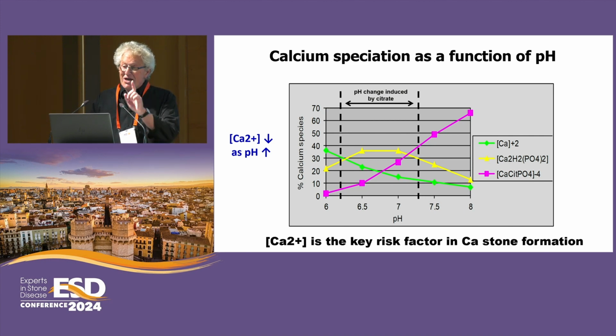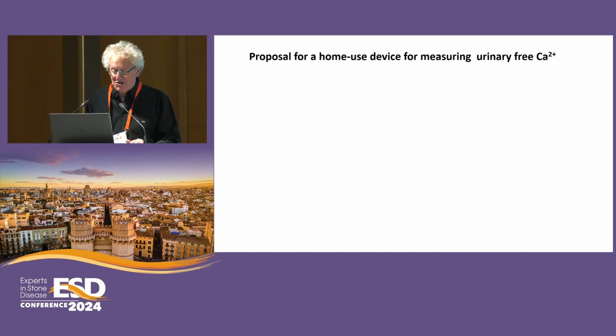And so here's my point, that the free unbound calcium, to me, is an alternative target to measure. Instead of going to the trouble of determining the supersaturation per se, you determine the free calcium ion concentration, which is dependent on the pH.